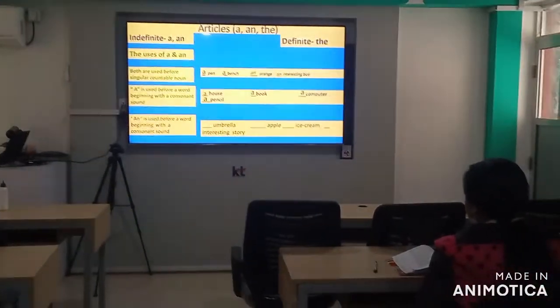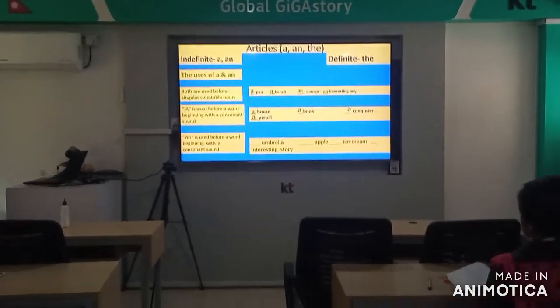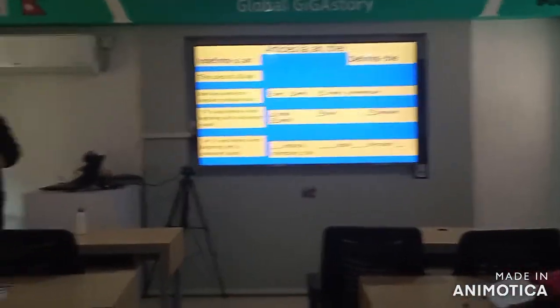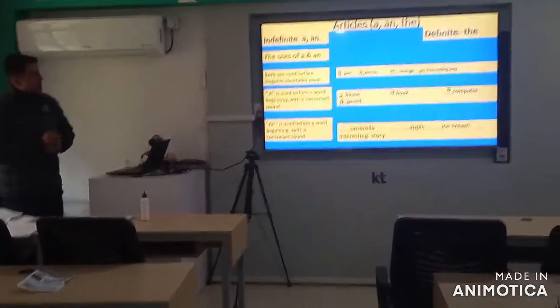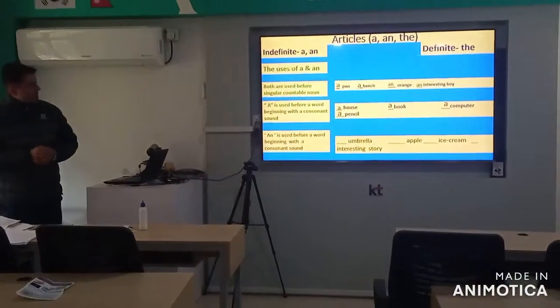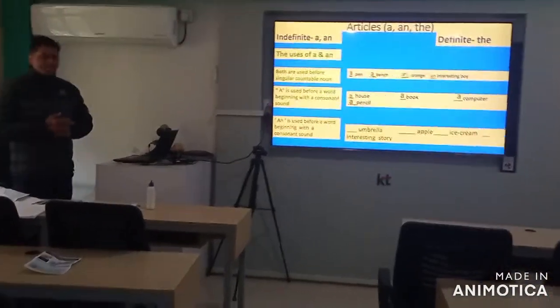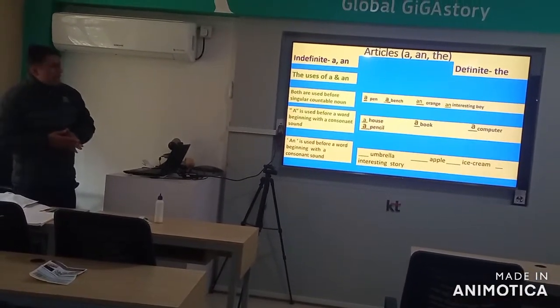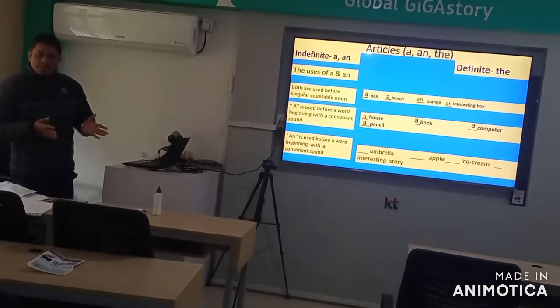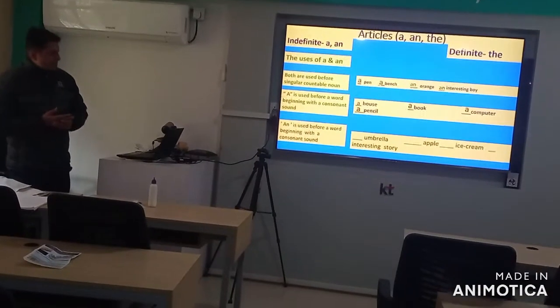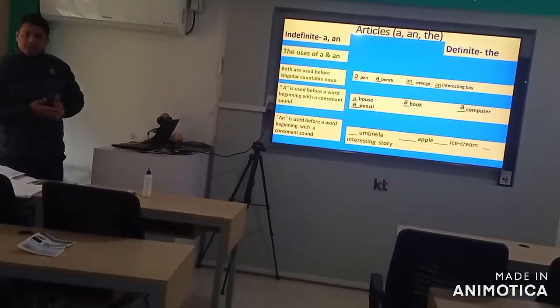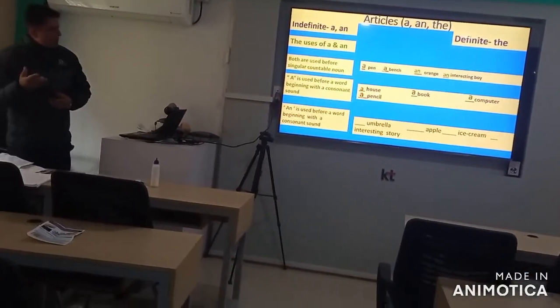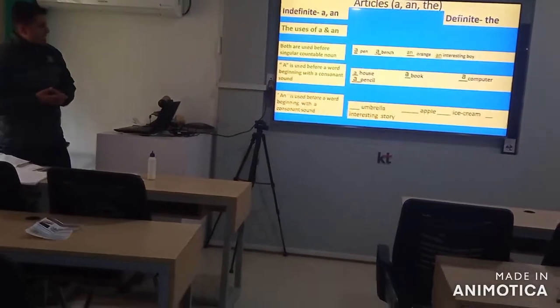So now you can look back again. The initial sound, umbrella. The initial sound is what? Then apple. Ice cream. This is also a vowel.